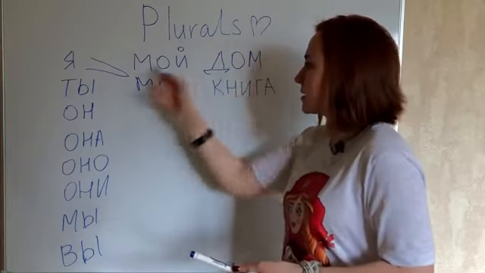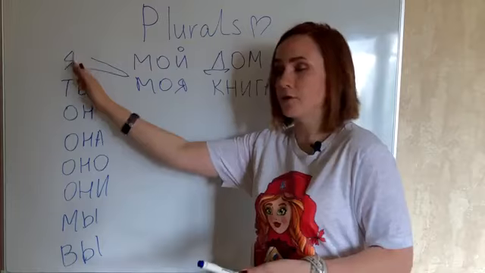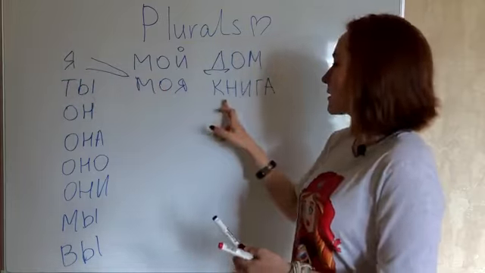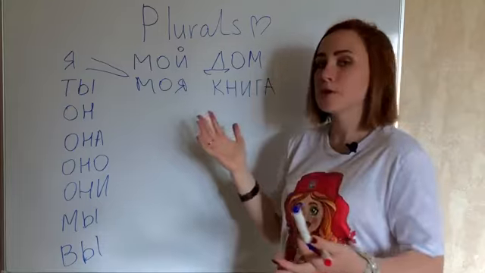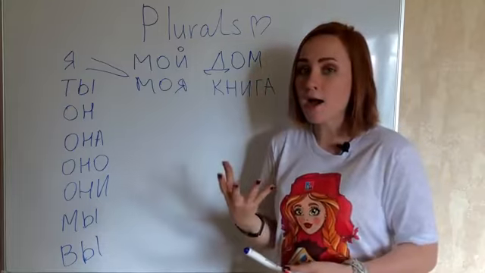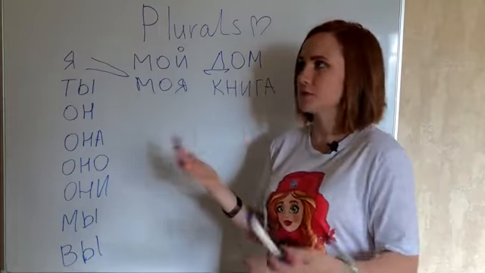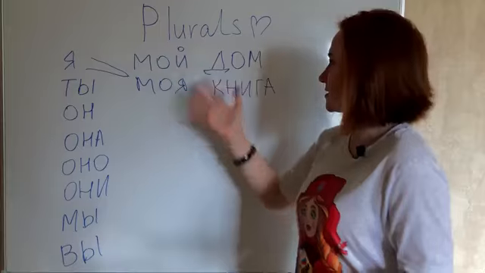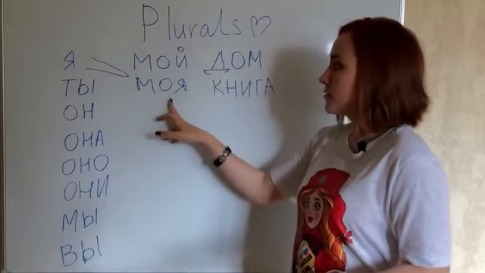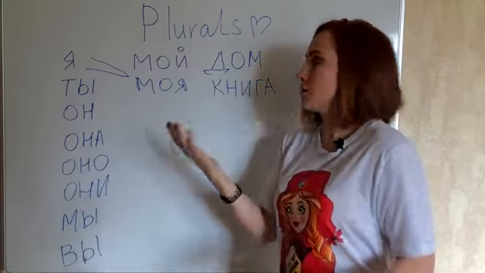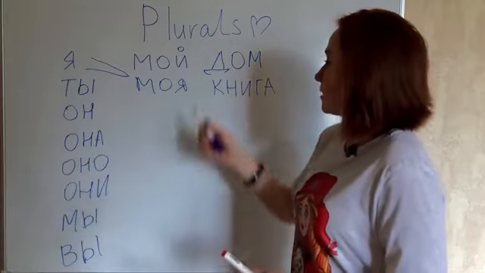These two stay together. It doesn't matter who you are, boy or girl. Книга is feminine, so it's моя книга. I received so many questions last week, so it's my mistake. I guess I didn't make it clear. This goes to the object. Doesn't matter who you are.